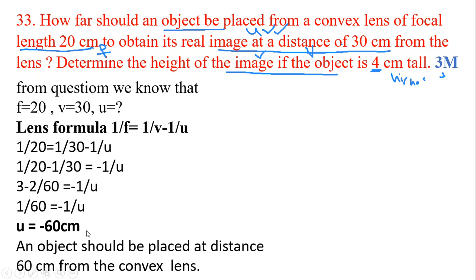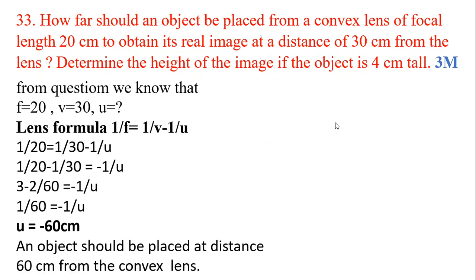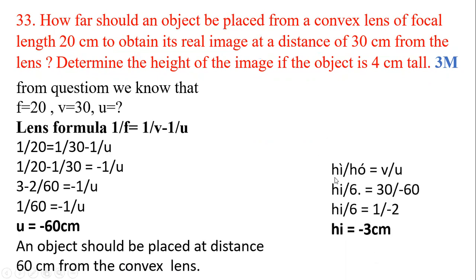Finally, we will get the object distance as minus 60 centimeters, because it is a convex lens. Now, after that, we'll go for the height of the image. Height of image by height of object is equal to V by U is the formula. Once we find the U value, easily we will get the height of image.